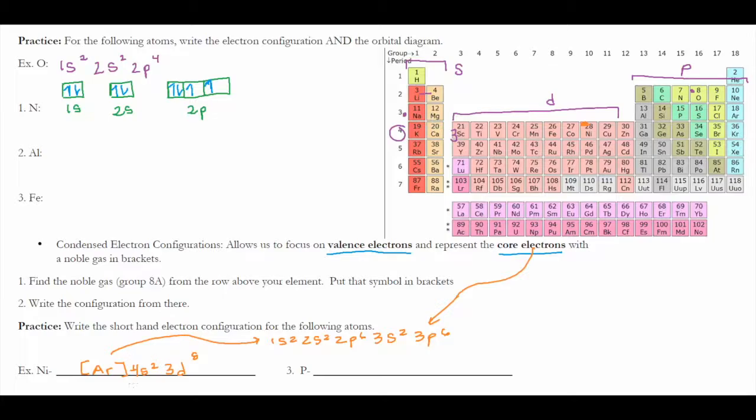However, these right here, the 2 electrons in 4s, and the 8 electrons in 3d, those will play a role when I am trying to determine what compound is going to be formed. And so that's what the shorthand or condensed electron configuration allows me to do. It allows me to focus on the valence electrons and ignore the core electrons.